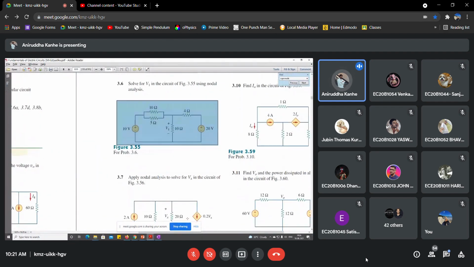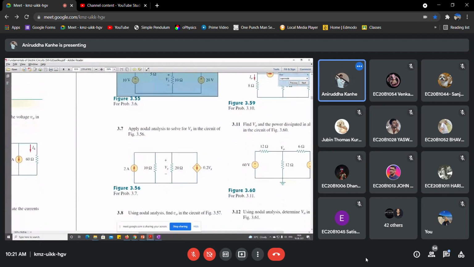Now 3.7 is again a nodal analysis question. Let us take that.